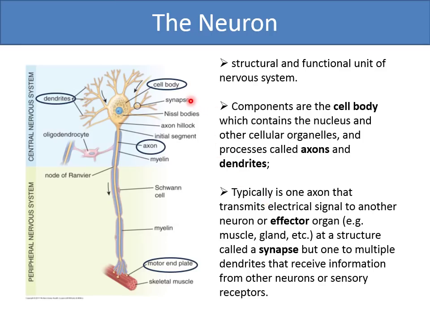The neuron is the structural and functional unit of the nervous system. As you know, components include the cell body of the neuron, dendrites, and an axon. And the axon is often covered by myelin. In the central nervous system, it's covered by myelin provided by oligodendrocytes.